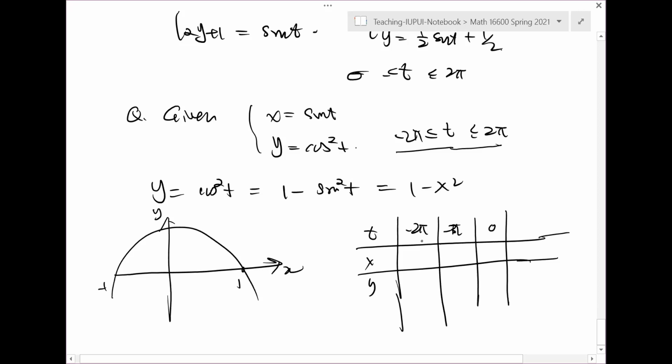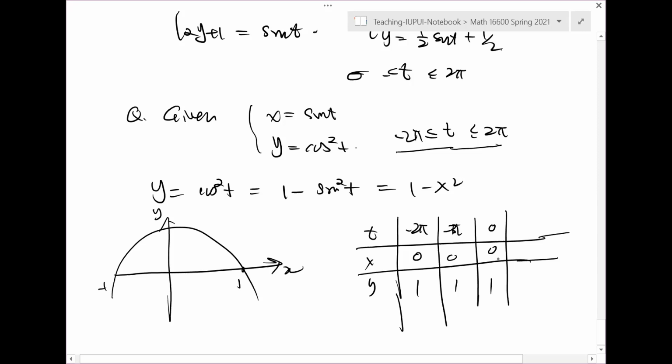Okay. When t equals negative 2 pi, sine is 0, so x is 0. Y is going to be 1. When t equals negative pi, x is also 0, and y is just 1. And when t equals 0, x is still 0, and y is just 1.